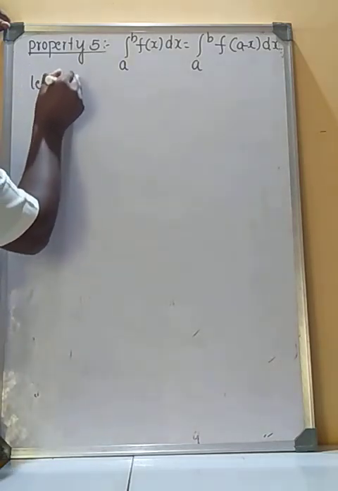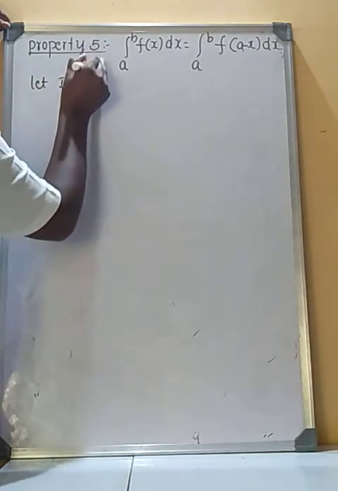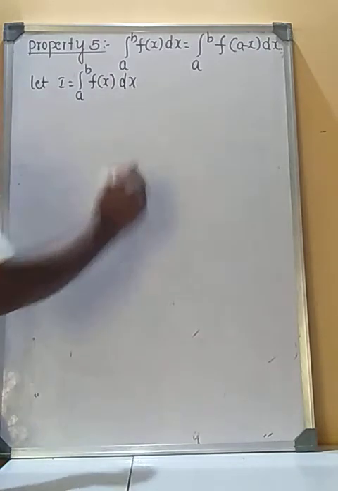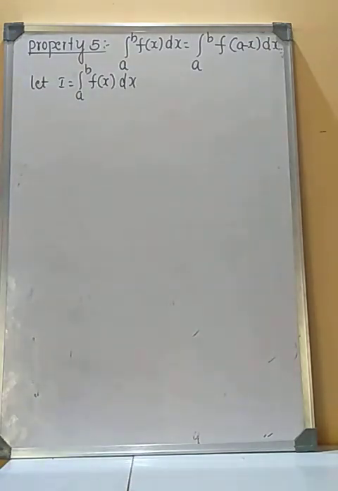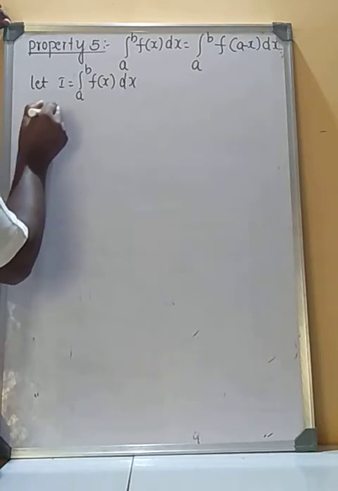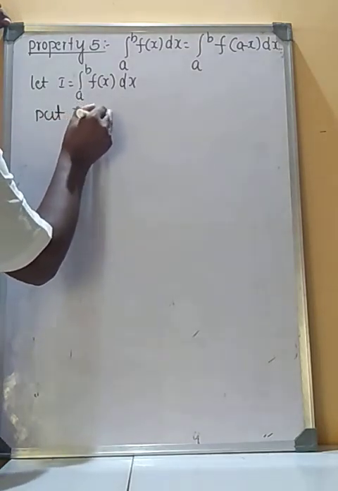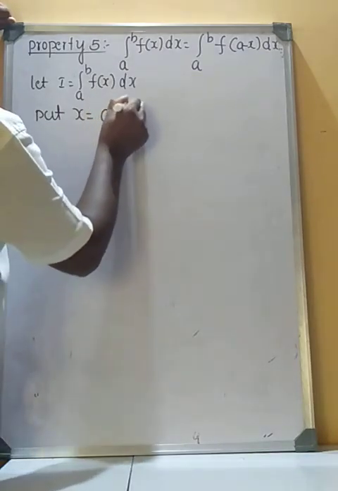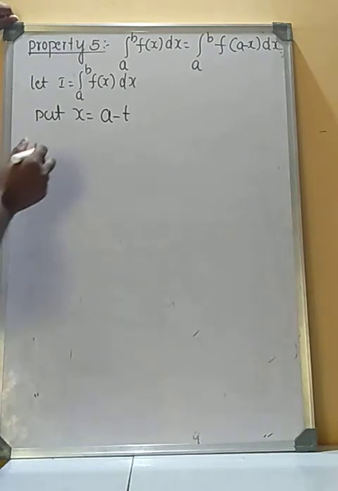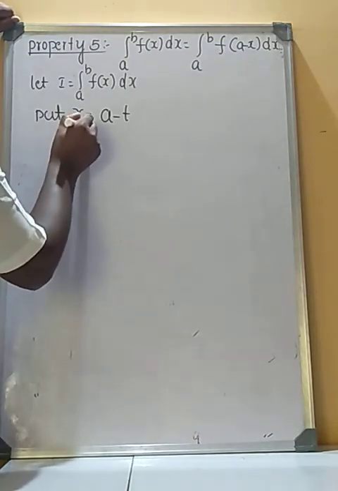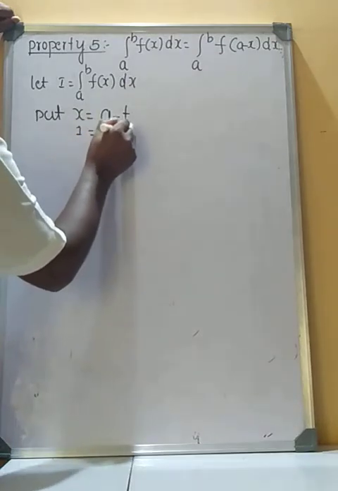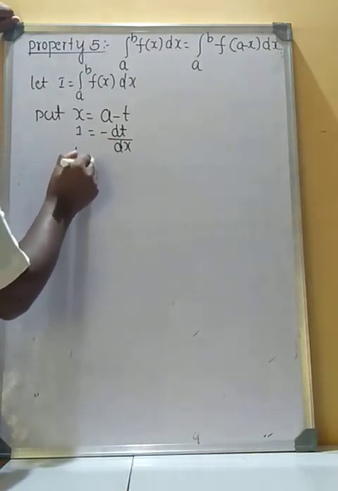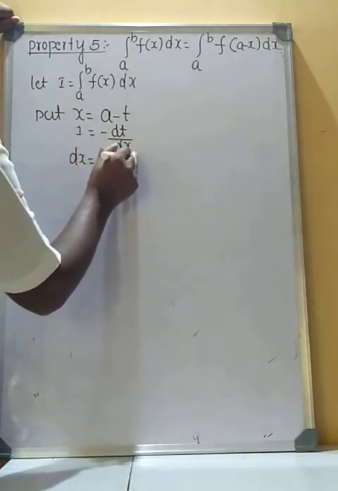Let I equal integral a to b f of x dx. Now put x is equal to a minus t. Differentiate with respect to x: 1 equals minus dt by dx. Therefore dx is equal to minus dt.